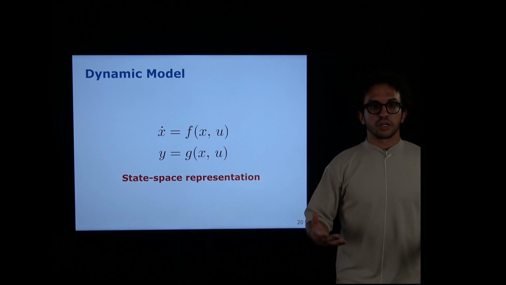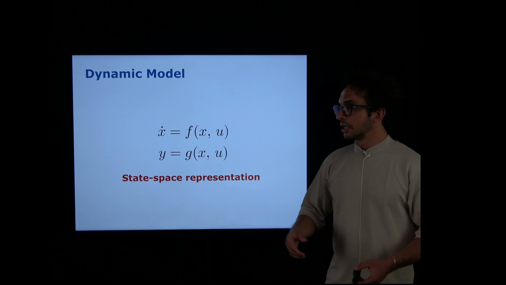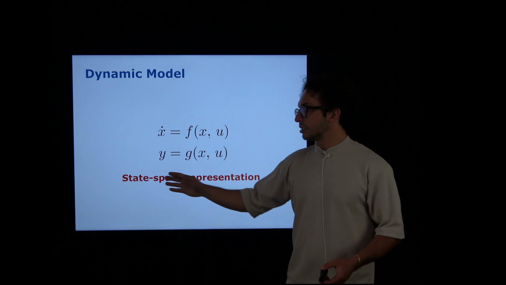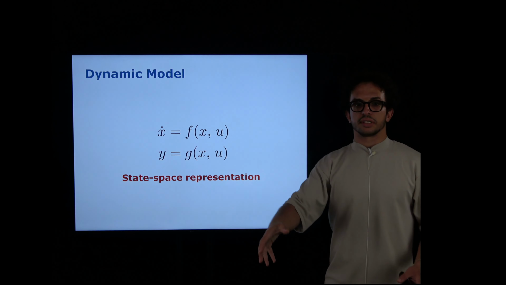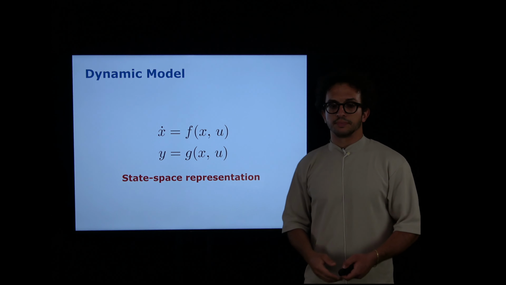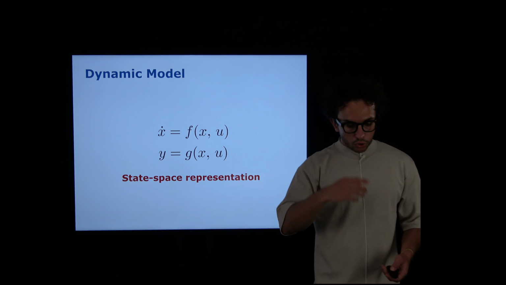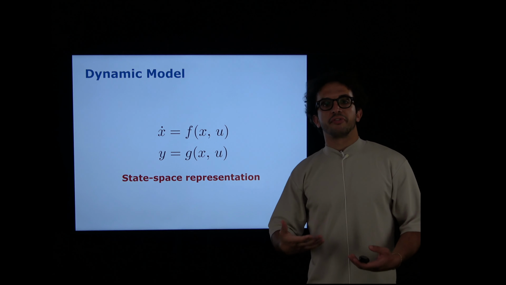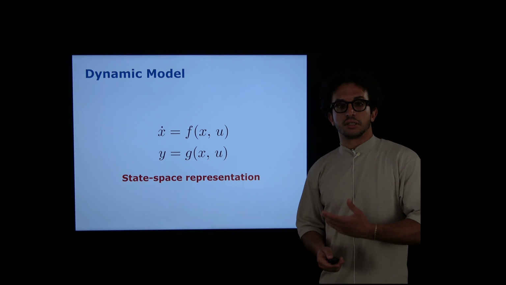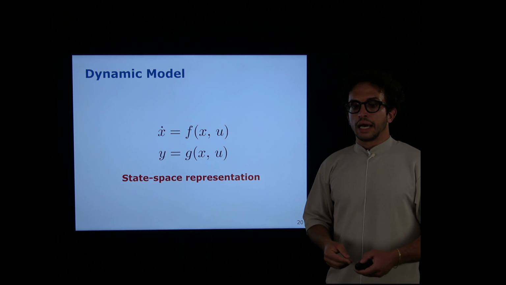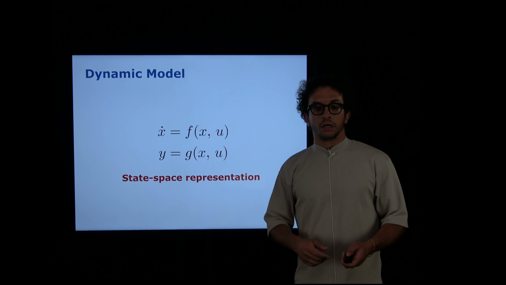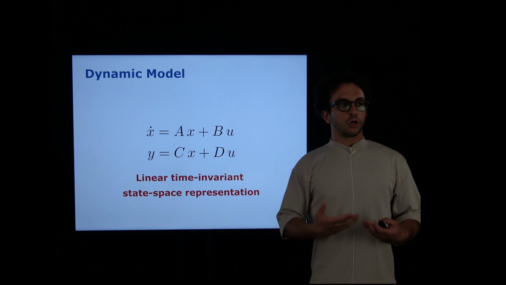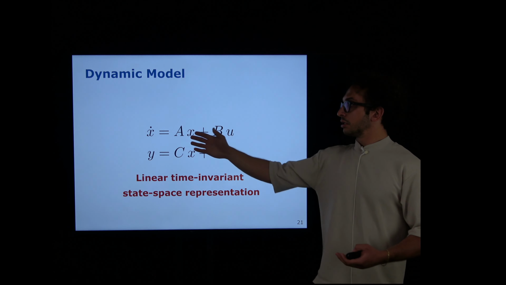And this is called the state space representation of the system. It represents the system in state space because it's all centered around the states. It's all dependent on the state. We also want to give a further simplification of this system, specifically about the functions f and g. What do I mean? I mean that we want to deal with something that is linear.